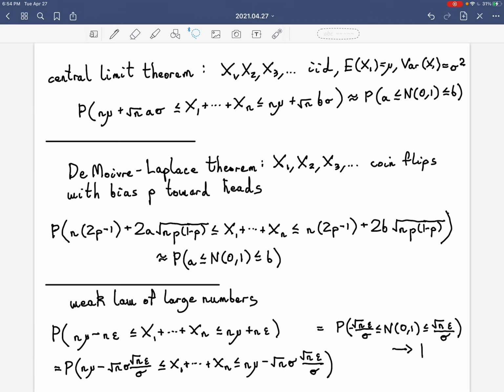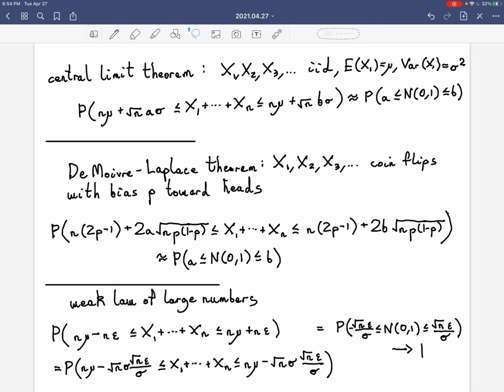We did that when we first introduced the coin flipping game. And so now that we have this reduction, we can see that the de Moivre-Laplace theorem really is a special case of the central limit theorem where you're dealing with binary random variables.